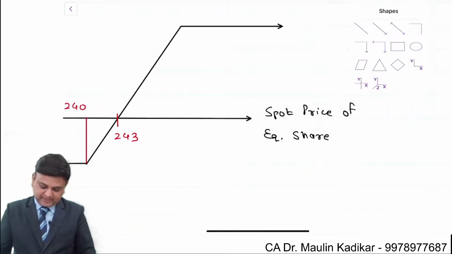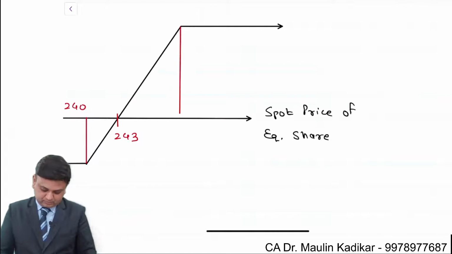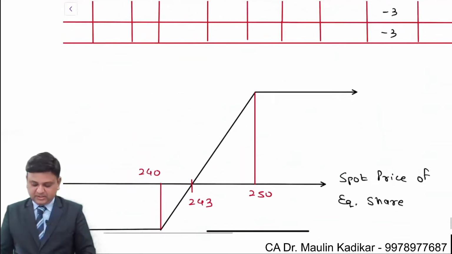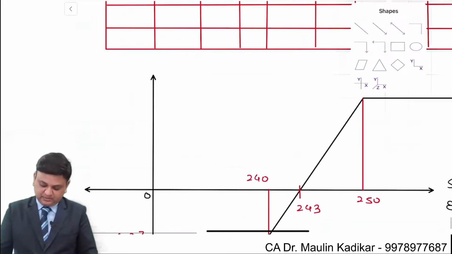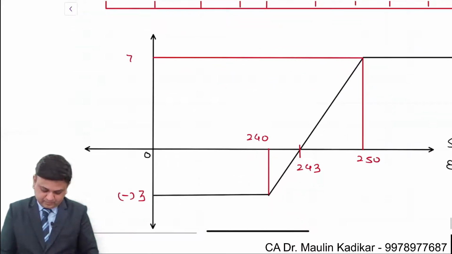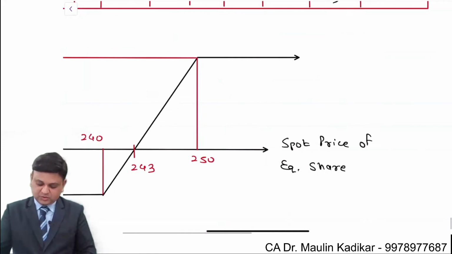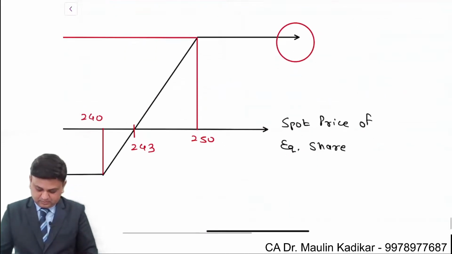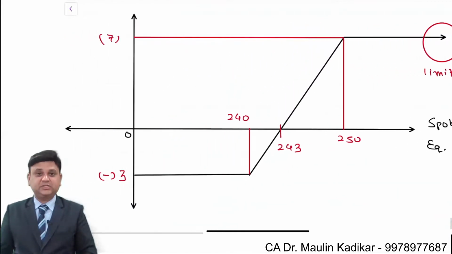So at a security price of 250 and above, this is going to have the limited profit of rupees 7. This is what we understand.